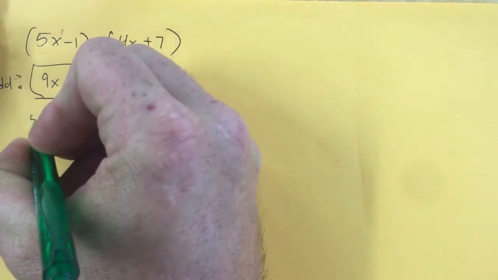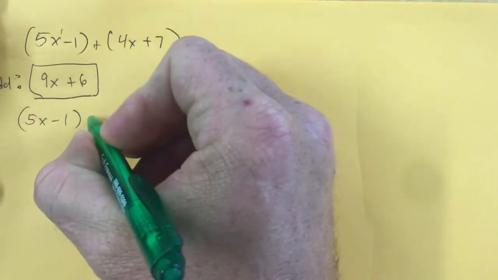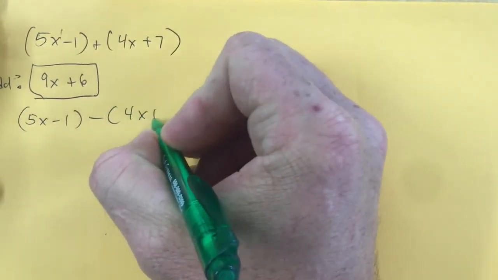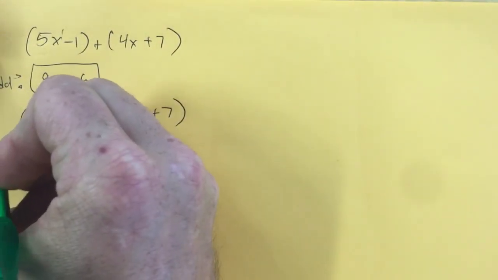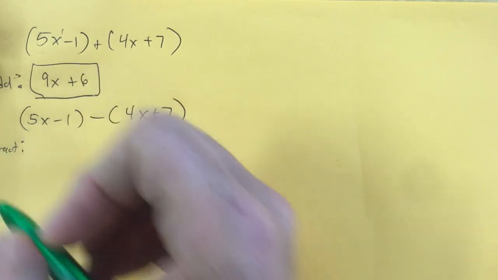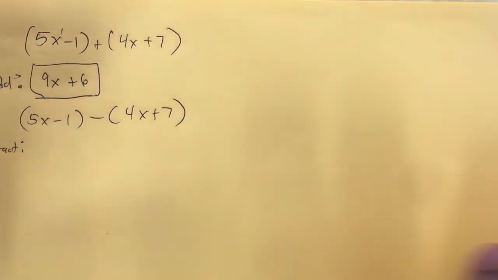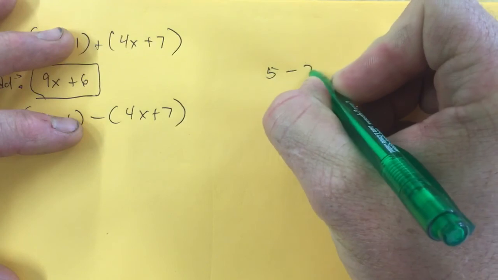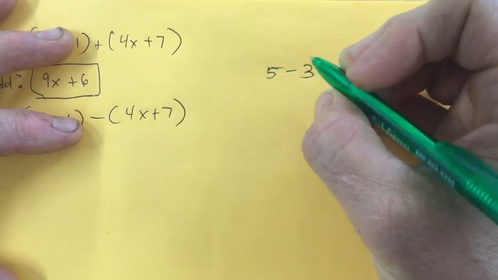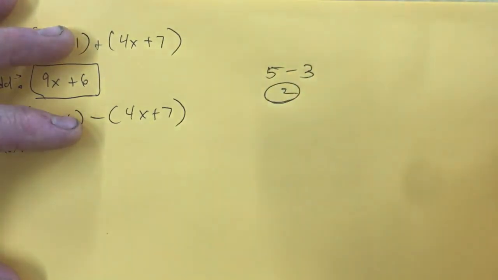Now let me write them again here. Suppose I'm subtracting them. When you subtract, there's all kinds of issues involved, so the best thing to do is change it to add. What I mean is, 5 minus 3 is 2, we all know that.